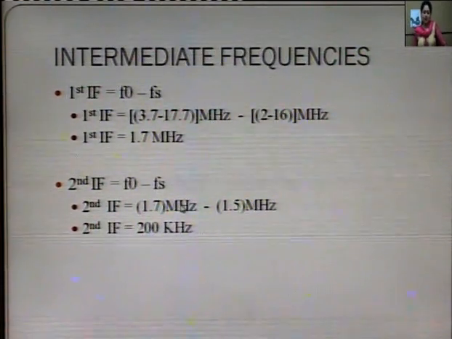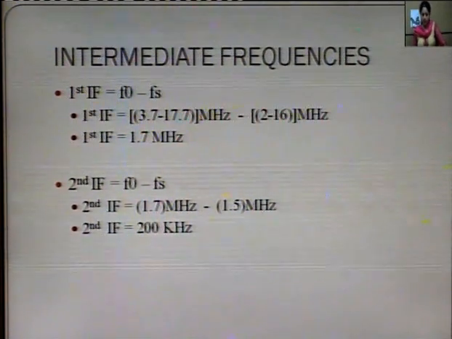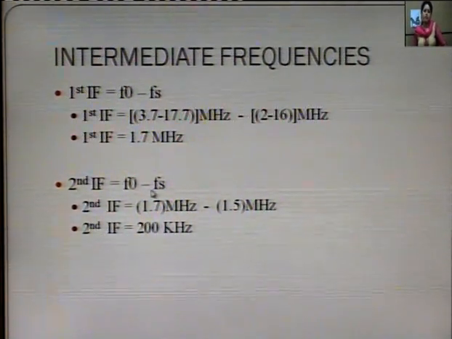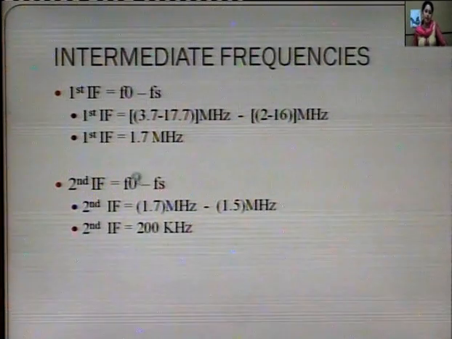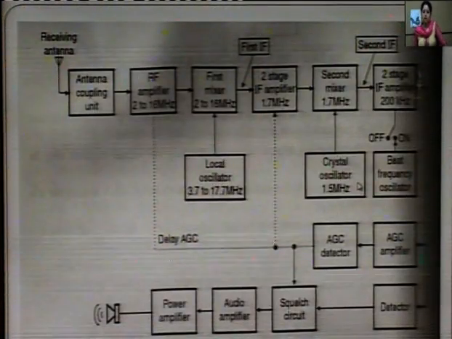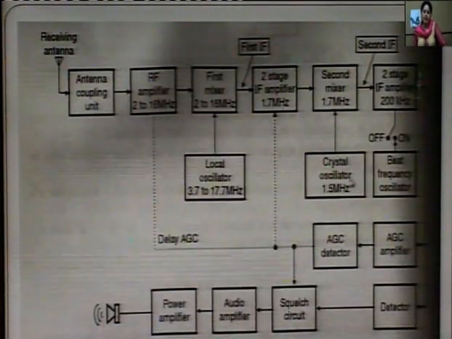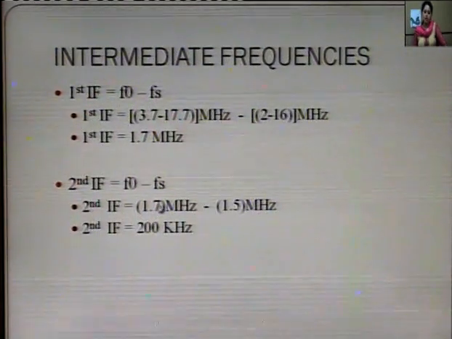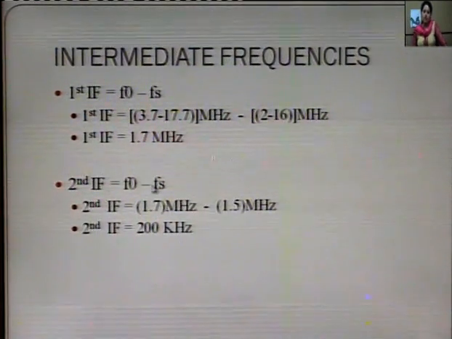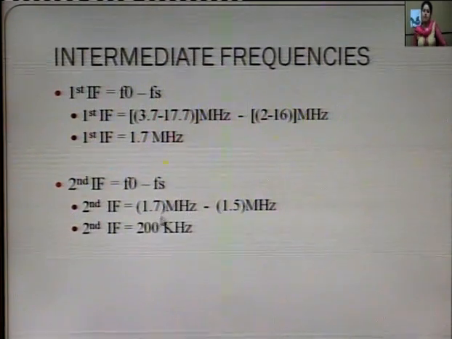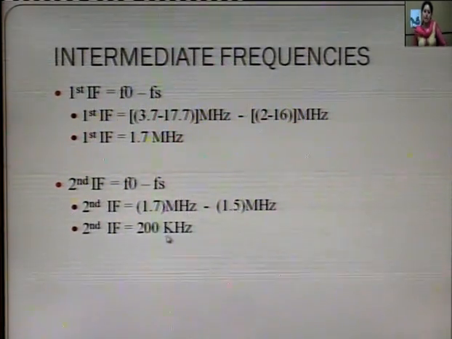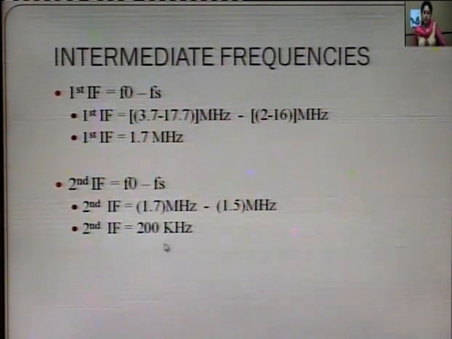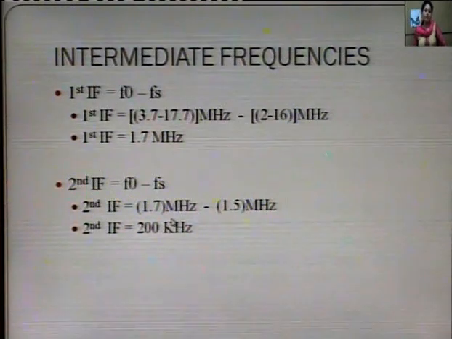Here the oscillator can be a Hartley oscillator, but in the diagram you are considering a crystal oscillator for better stability, and it is tuned to 1.5 megahertz. The difference between these two, 1.7 megahertz and 1.5 megahertz, is 200 kilohertz. So this is your lower intermediate frequency.